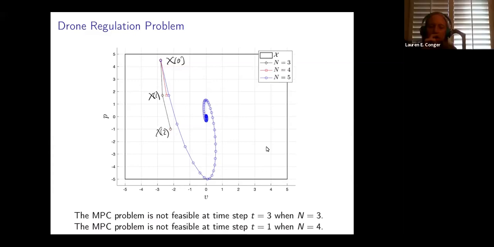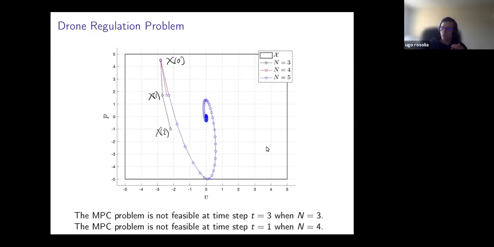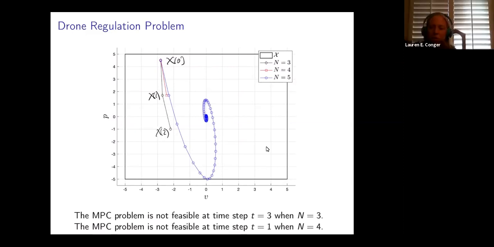Could this be avoided if you make QF larger, like you make the cost of not going to the target bigger? Yes, yes. And so actually we are going to work on a condition similar to what you said. We are going to use terminal constraints to avoid this problem. But I thought there was a terminal constraint already.